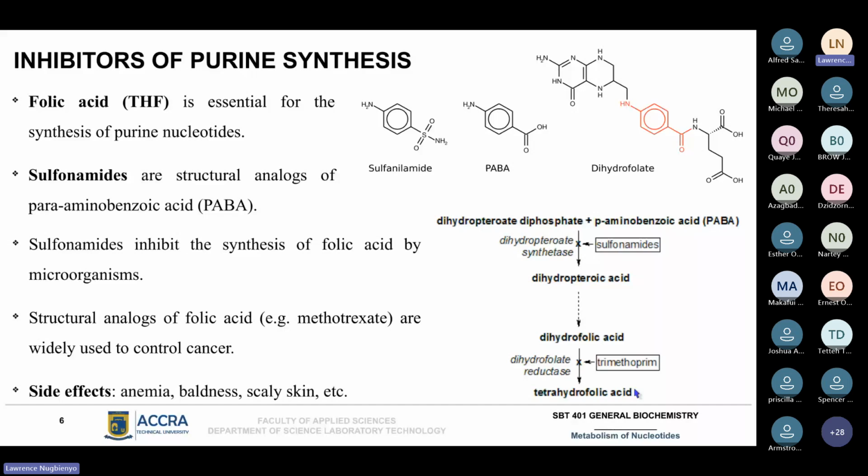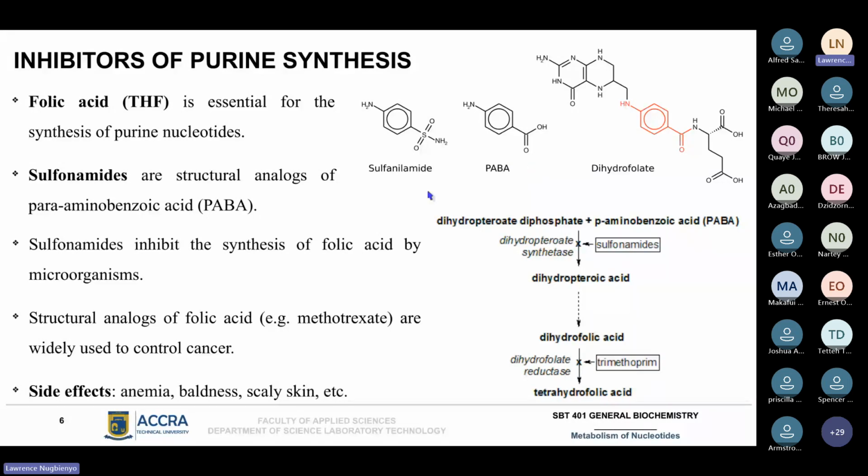If you have the para-aminobenzoic acid replaced with sulfanilamide, say if sulfonamides, that group of antibiotics, are introduced into the system, what the antibiotic does is that it acts as a competitive inhibitor to the para-aminobenzoic acid.